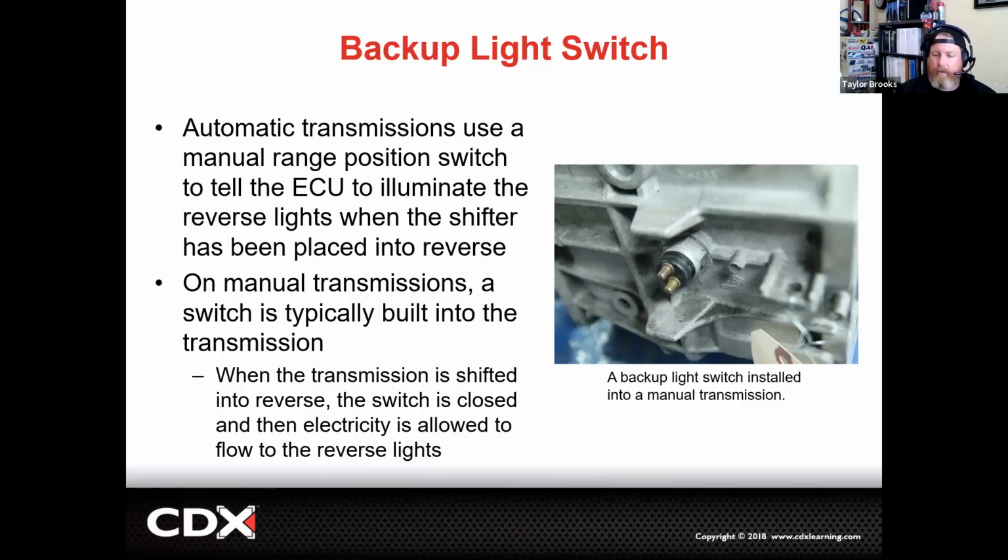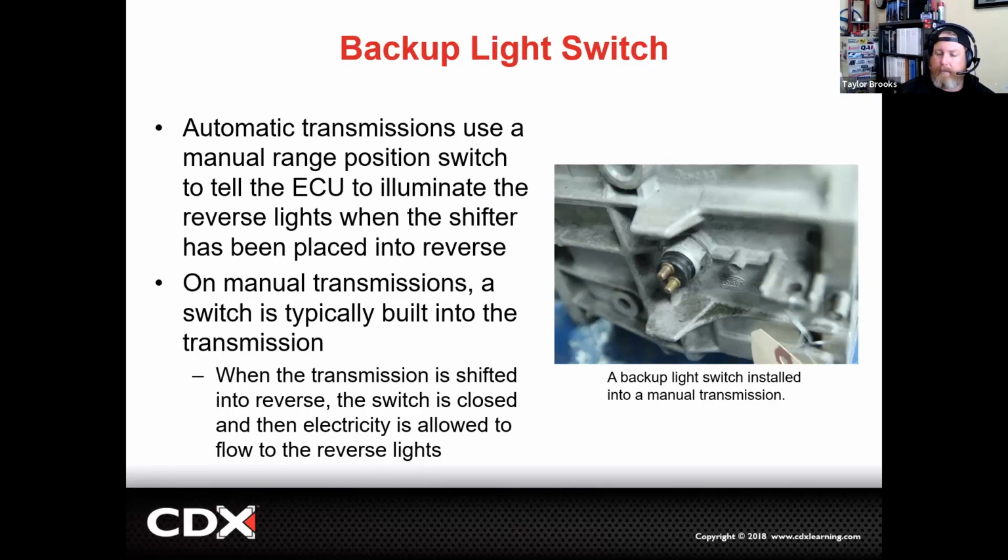Now, a kick out solenoid, or a first to fourth solenoid, can be found on some vehicles. What it does is lock out being able to shift into second gear and instead shift from first straight to fourth gear. A lot of rear wheel drive transmissions will have this in place to try to improve fuel economy.